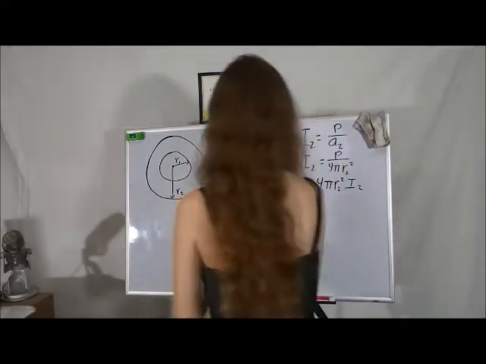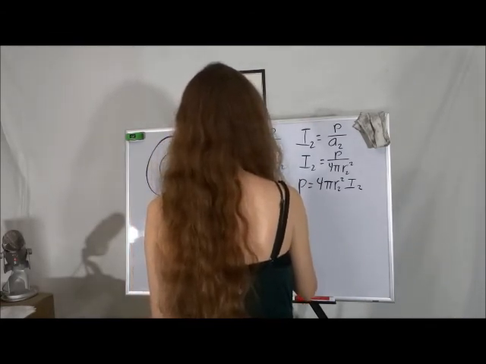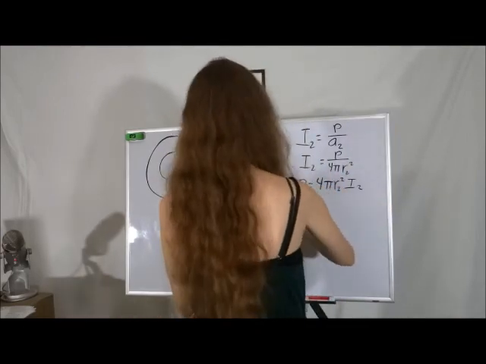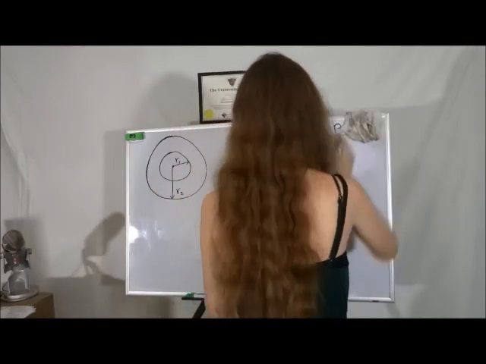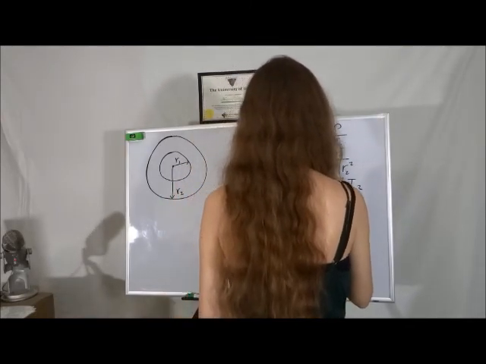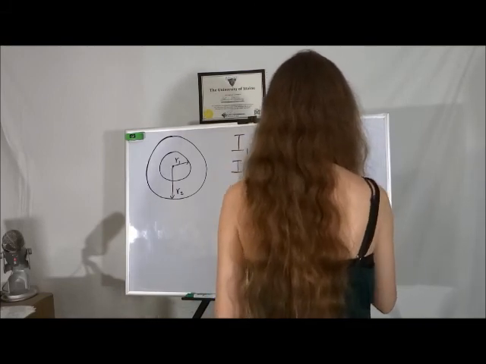So we're going to have 4 pi r1 squared times I1 is equal to 4 pi r2 squared times I2.